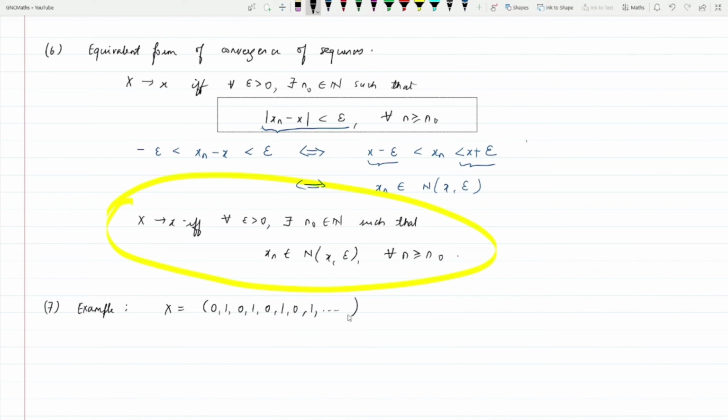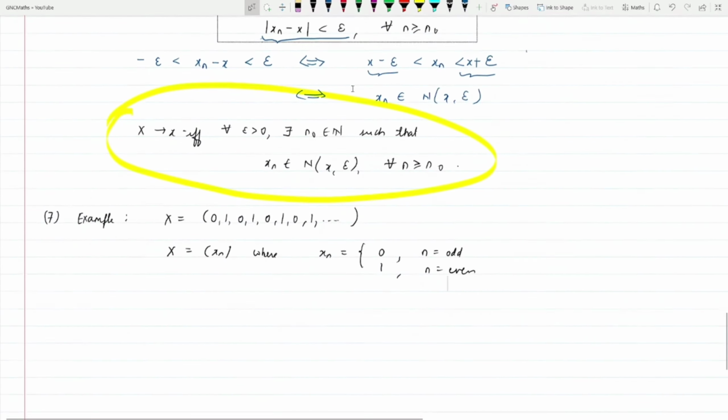It will not be difficult for you to write down the formula for the sequence. So we can say that the sequence x has term xn where xn takes only two values, one is 0 and one is 1. Now you can see that the sequence x has zeros at the first position, third position, fifth position, that is when n is odd, and when n is even, the sequence has 1.